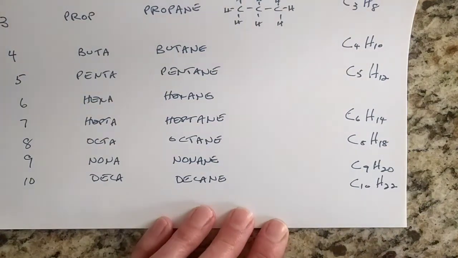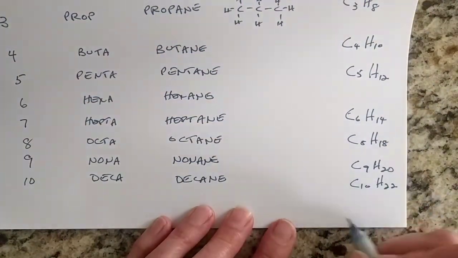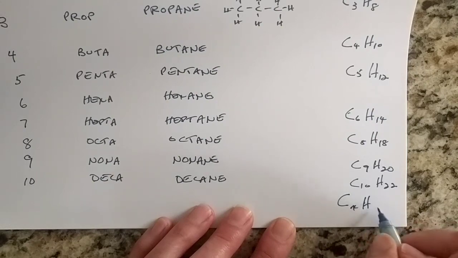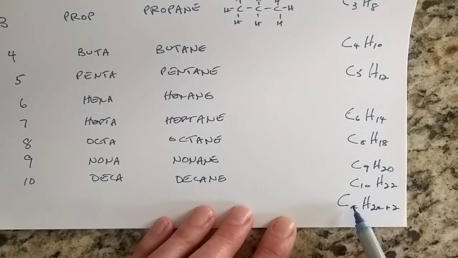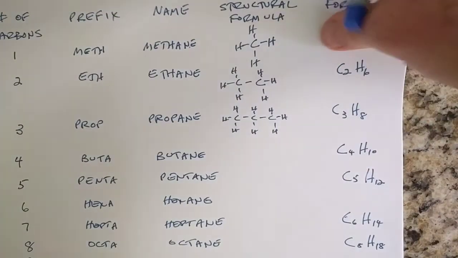So there is a pattern here with the formula for the number of carbons and the number of hydrogens. So that formula is C, we can say X, H, 2X plus 2. So if we have one carbon, 2 times 1 is 2, plus 2 is 4, we get CH4.